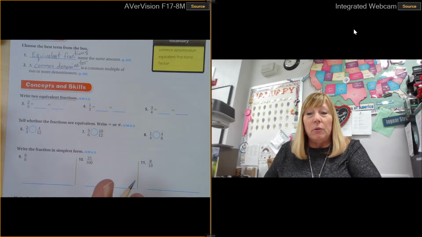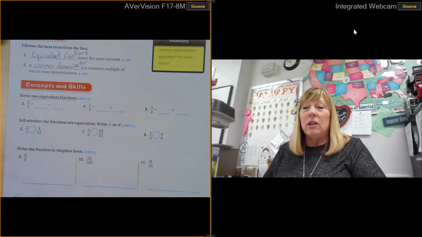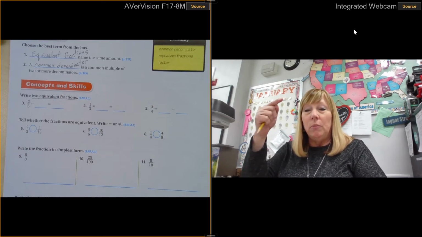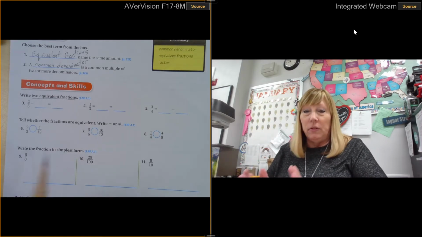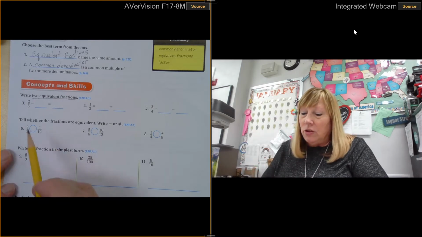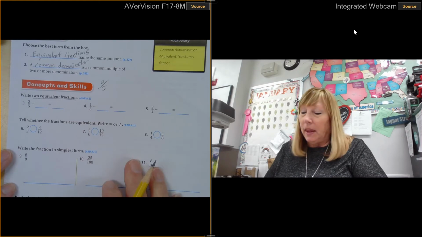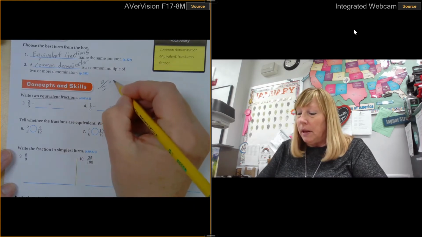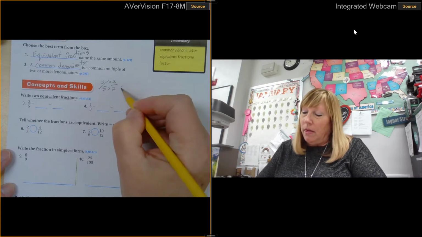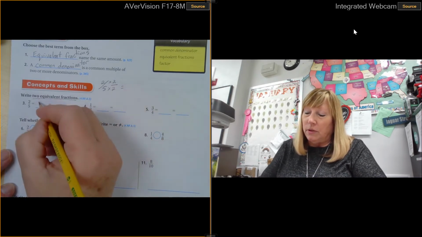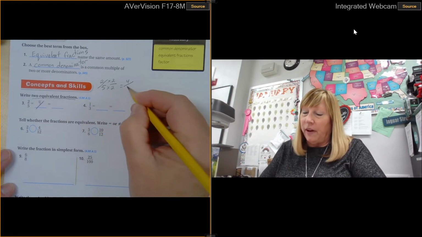Now let's do a little review. When you want to make an equivalent fraction, you want to take the fraction and multiply both the numerator and the denominator by the same number or the same whole fraction. So if we did 2/5, and let's say we're going to multiply by 2 over 2, then we would get 2 times 2 is 4, and 2 times 5 is 10.